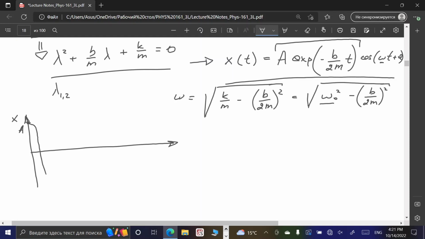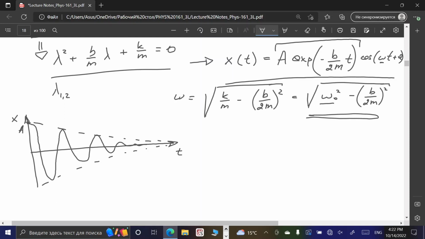And then we get some oscillations with amplitude which exponentially decays over time. So the frequency or the period, the time interval between points with the same phase, will be constant. It will not change. It will be determined by this equation.